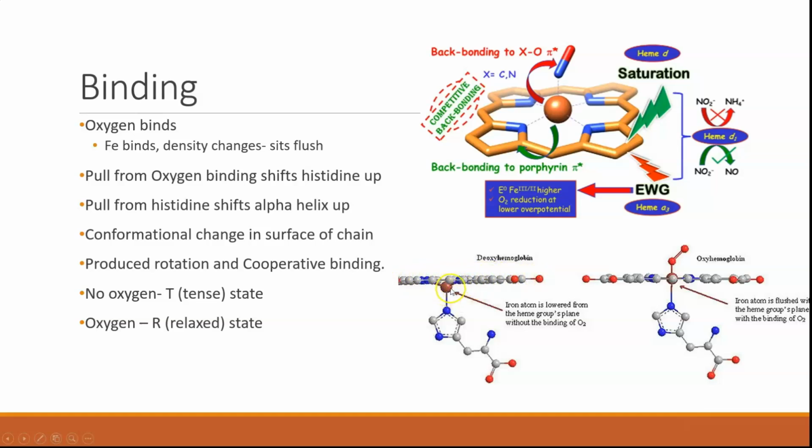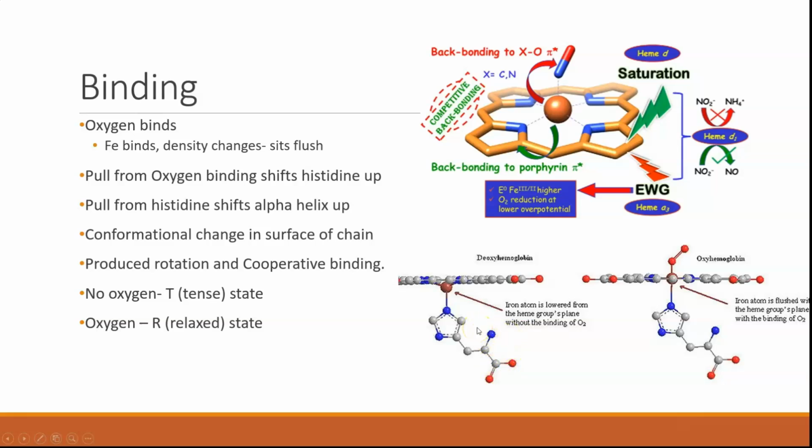And so we see that this iron is also attached to a histidine residue, which is ultimately attached to the alpha helix of one of the polypeptide chains of this hemoglobin protein.